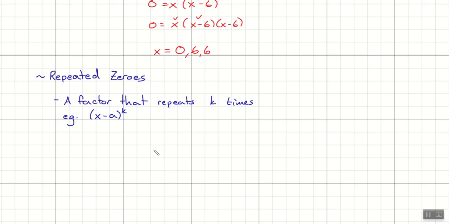Okay, we've seen this happen. It happened just now. A factor that repeats k times, like this, is said to have, and here's our new word, a multiplicity of k.